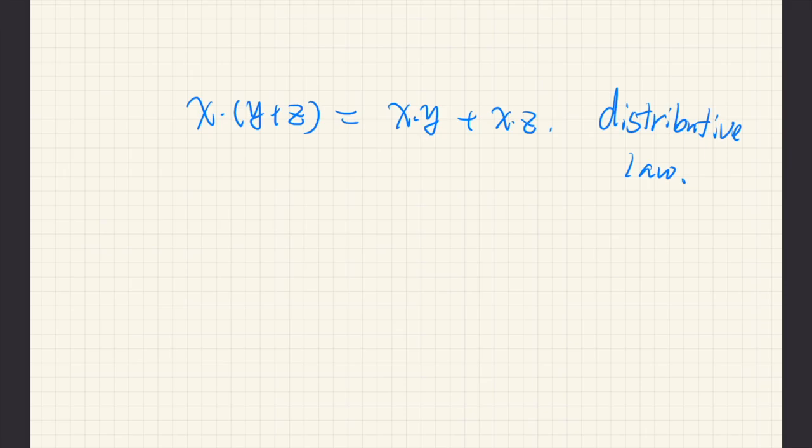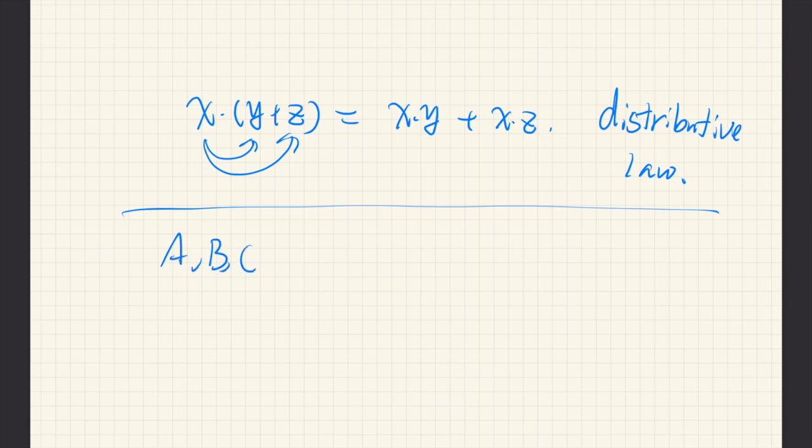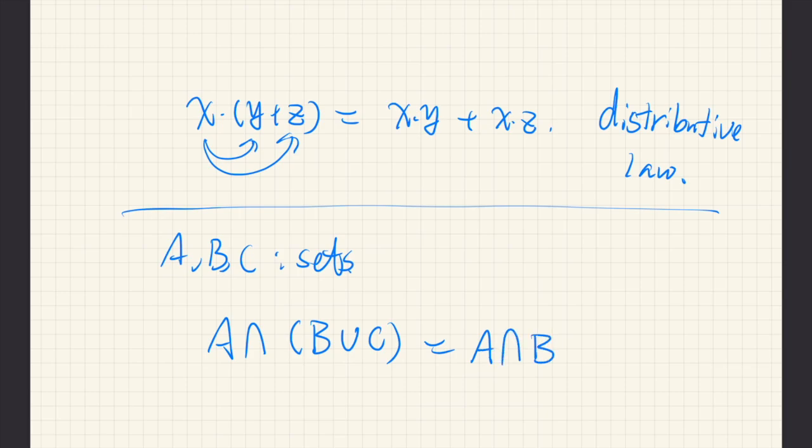And we often say multiplication distributes over addition. A similar but slightly different distributive law also holds for set operations. For sets A, B, C, we have A ∩ (B ∪ C) equal to (A ∩ B) ∪ (A ∩ C).